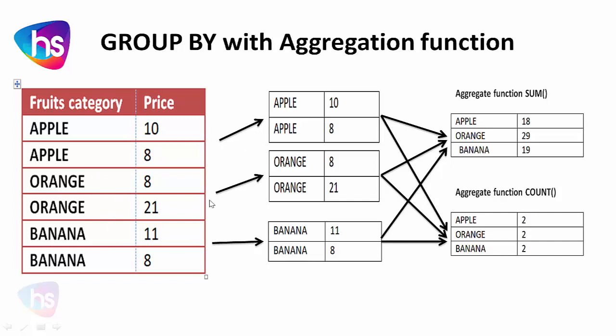The arrows indicate that I am segregating the data out of the bunch into groups. If I apply the fruits category as the group, it segregates the data group-wise. This is what the GROUP BY statement does while the query is executing.